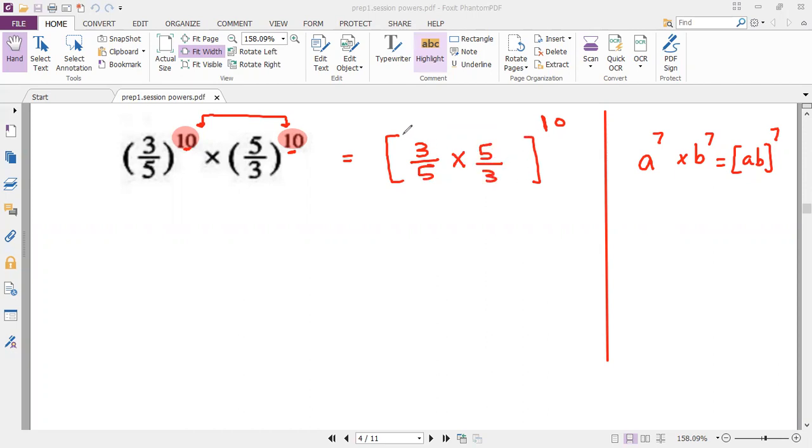And after multiplying them, raise the product to the power of 10. Okay? And 3 over 5 times 5 over 3 to the power of 10. So we are going to cancel 5 and 5, 3 and 3. So it's 1 to the power of 10 equals 1. That's it.